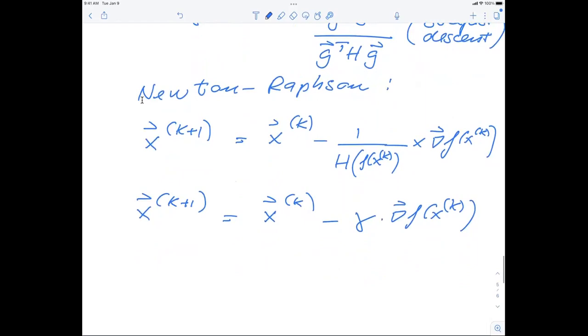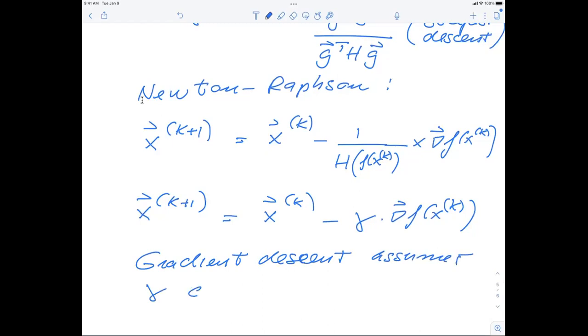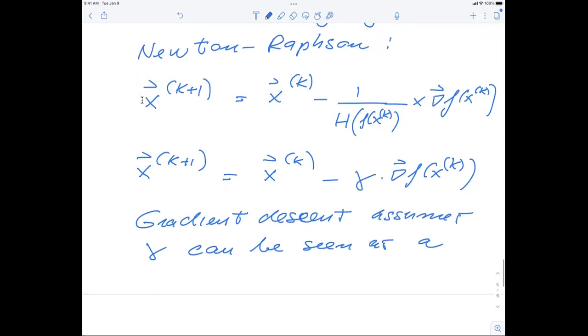So the standard gradient descent, which is the simplest possible method, assumes that gamma can be seen as a tuning parameter. You would tune that one so that you get the optimal reproduction of the zero of the local energy or the function you want to evaluate.